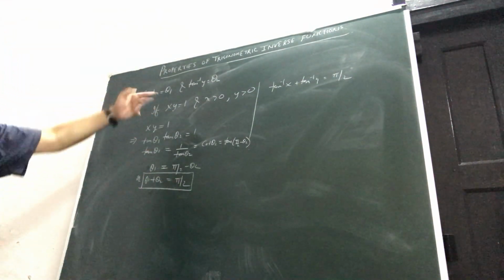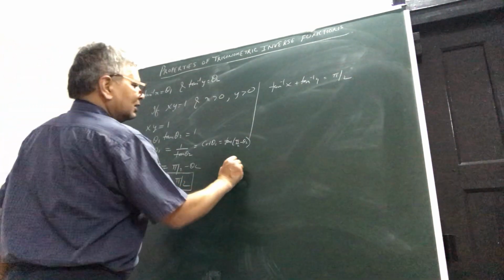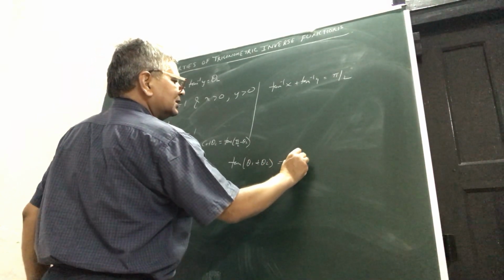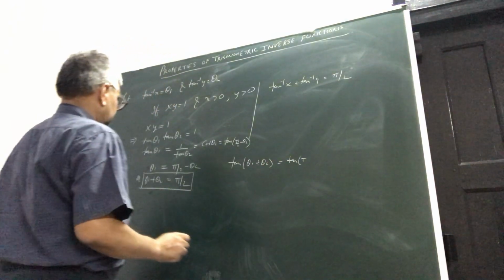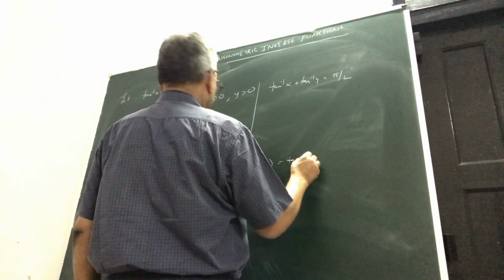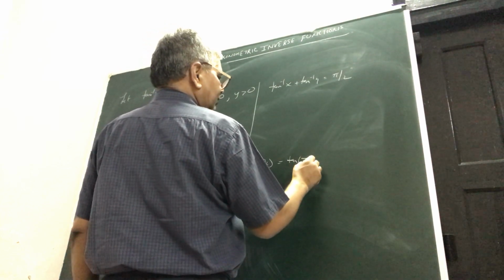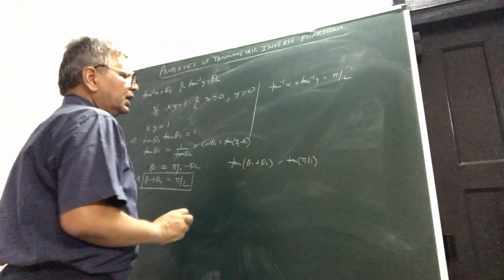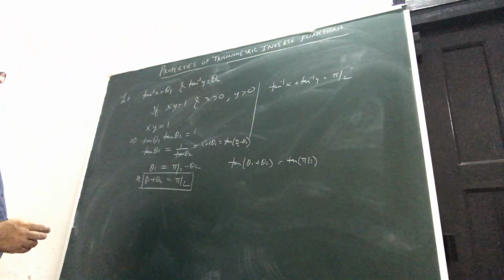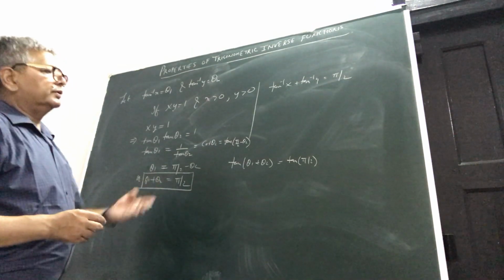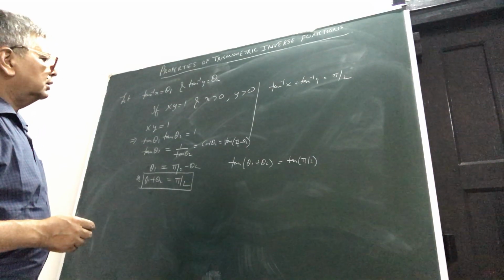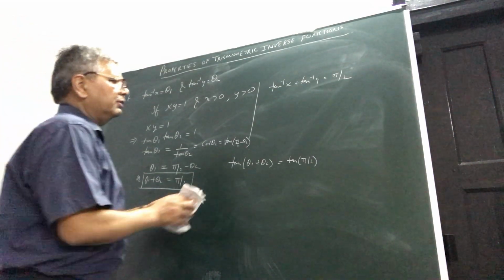Once you get pi by 2, see, it is very simple: tangent of (theta 1 plus theta 2) will be how much? It should be equal to tangent pi by 2. And what is this tangent pi by 2? You just open up tangent of (theta 1 plus theta 2).